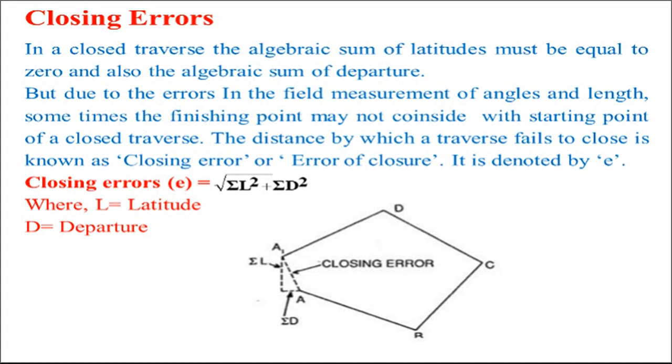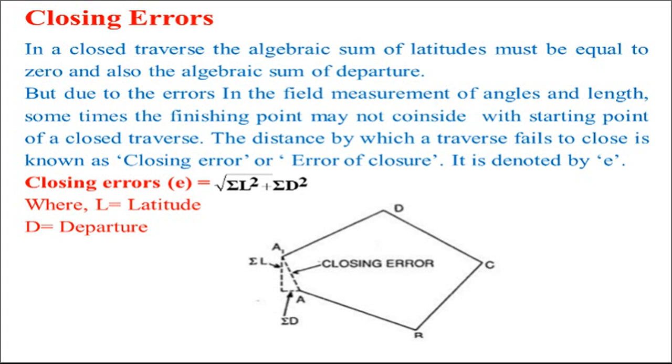But due to error in the field measurement, maybe in the angle or in the length, sometimes the finishing point may not coincide with the starting point of a closed traverse. The distance by which a traverse fails to close is known as closing error or error of closure, and it is denoted by the letter small e.